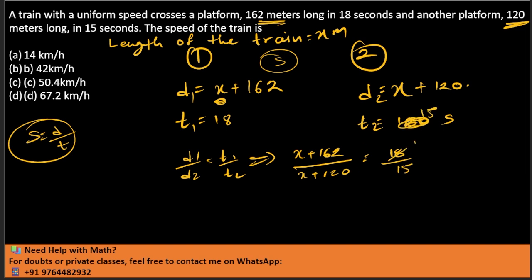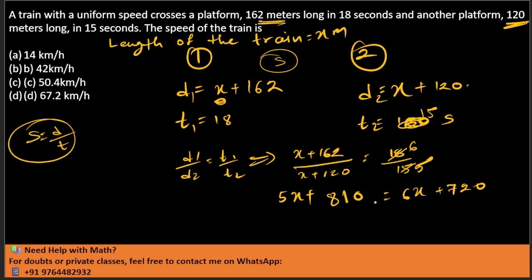With 3 it is 6 times and 5 times. So we have to take the cross multiplication. So 5x plus, how much? 5 twos are 10 and 5 sixes are 30 and 1, so it is 810, and this equals 6x plus 12 multiplied by 6, it is 720.